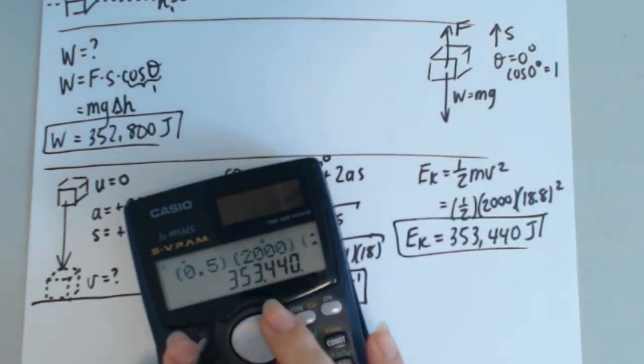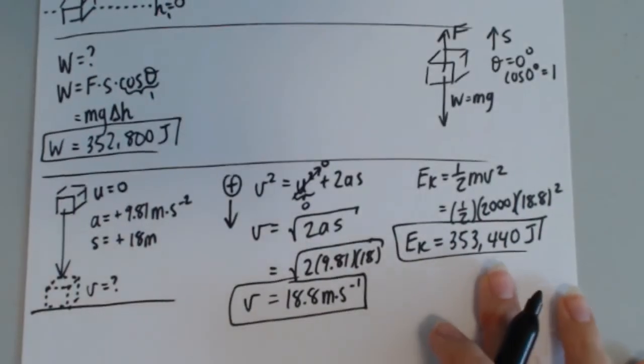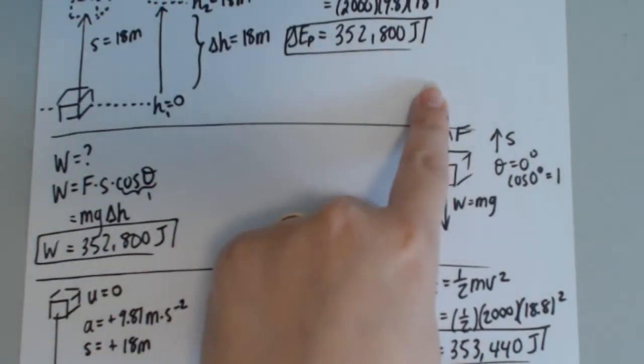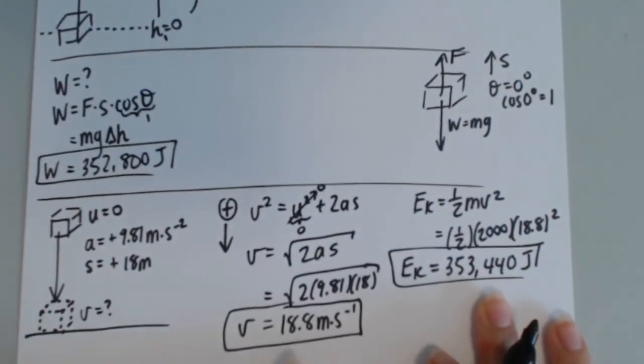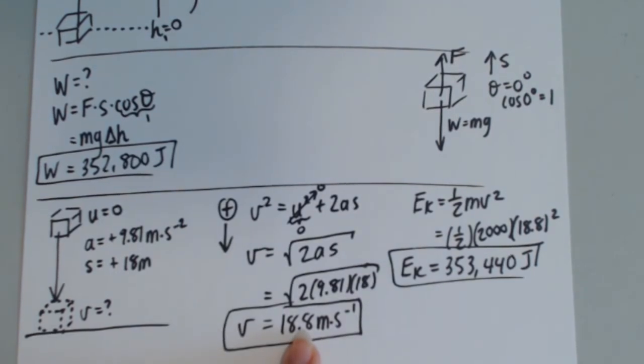Now, any difference in number between this and this or this is due to rounding, right? So I rounded this number, let's not forget. So this is why the values could potentially be different.